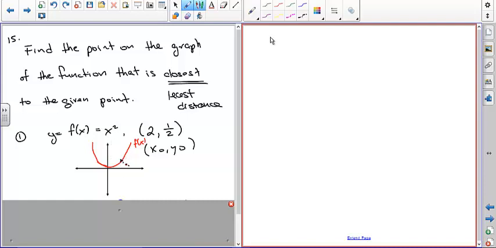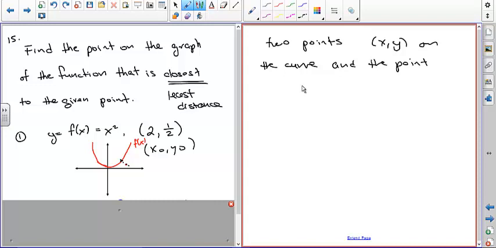So we have 2 points. We have (x, y) on the curve, which is variable. That's what we're trying to figure out. And the point (x0, y0), which in this case is (2, 1/2).